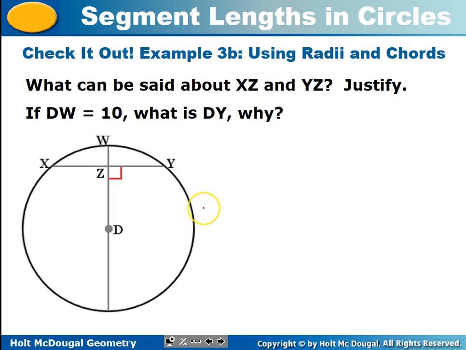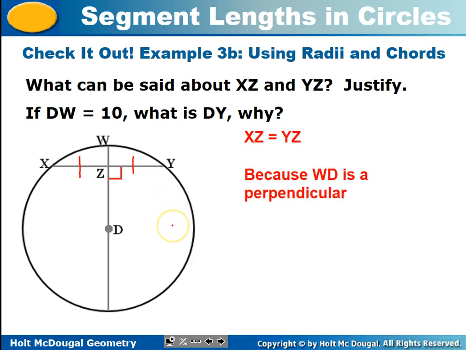The next problem says, what can be said about XZ and YZ? Once again, we have a diameter this time that's intersecting a chord at a right angle, so we can say that XZ and YZ are congruent or equal. The reason is because WD is a perpendicular bisector of XY.